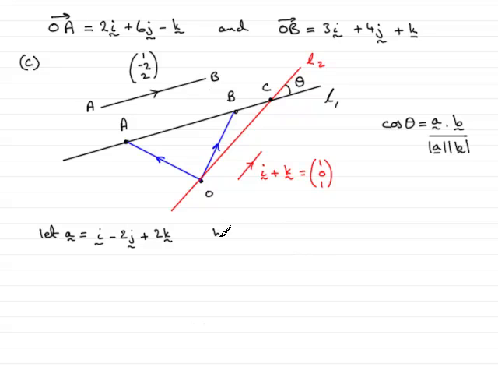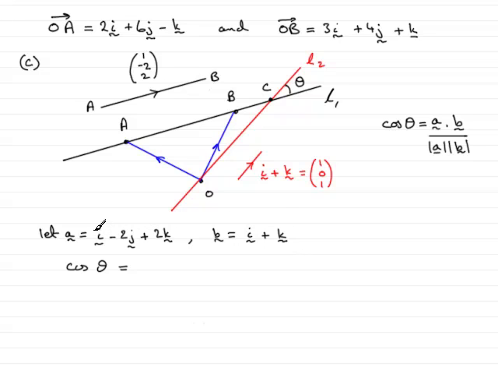And if I let the vector b be equal to the vector i plus k, then we can start on working out what theta is. So we have that cos theta is equal to a dotted with b, and hopefully you remember that to dot two vectors together, you multiply the i components together and add it to the product of the j components, and then add it to the product of the k components.